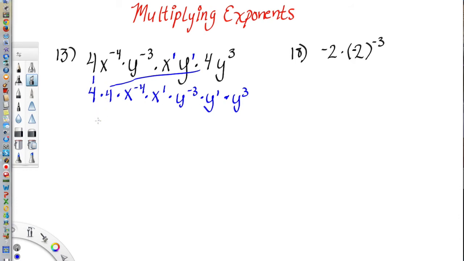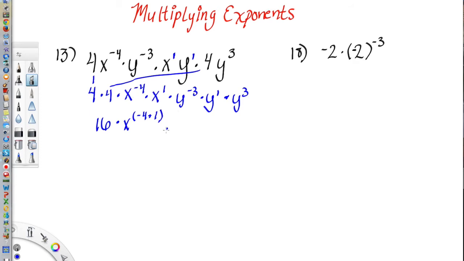So 4 times 4 will be 16. And then I've got x, and let me add up all my exponents, negative 4 plus 1. Wait a second here. I only have two x's: x to the fourth and x to the first.